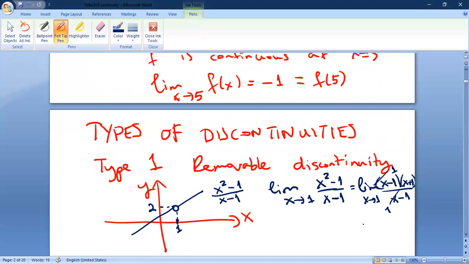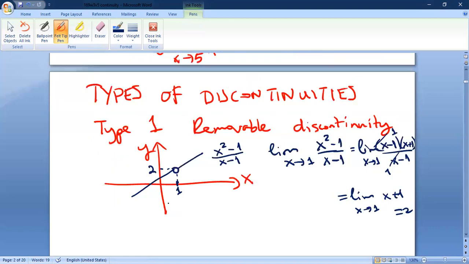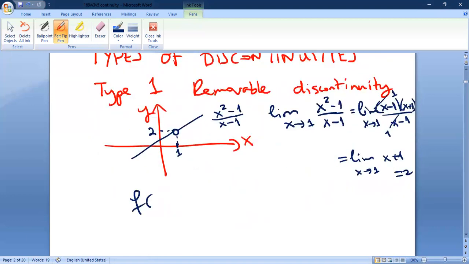So you have the limit as x goes to 1 of the function x plus 1, and that's equal to 1 plus 1, 2. So the limit exists. However, f of 1 is not defined.